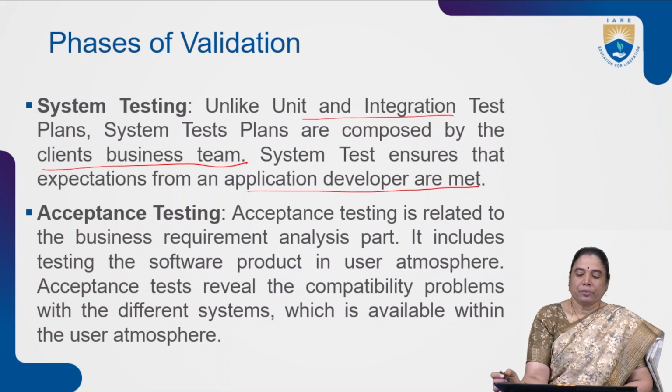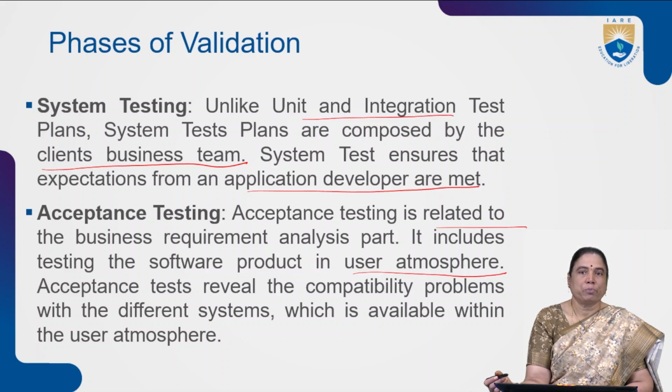During this, the project is released to the business requirement analysis part, and it includes testing the software product in the user environment. Acceptance tests reveal the compatibility problems with different systems, operating systems, and browsers available within the user's environment.